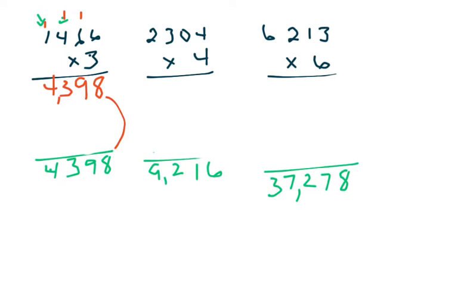Shortcut method. Try it again here. 4 times 4 is 16. Regroup the 1 into the tens because it was 1 ten and 6 ones, so that's in the tens. 4 times 0 is 0. Add the 1 ten and it's 1. Okay, now we're into the hundreds place. 4 times 3 is 12.